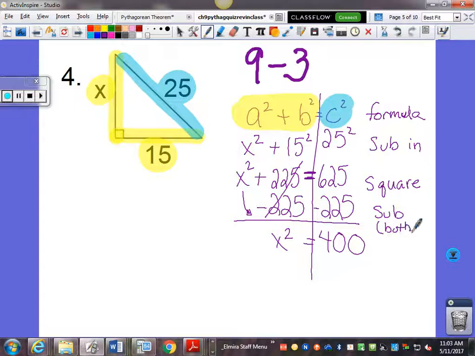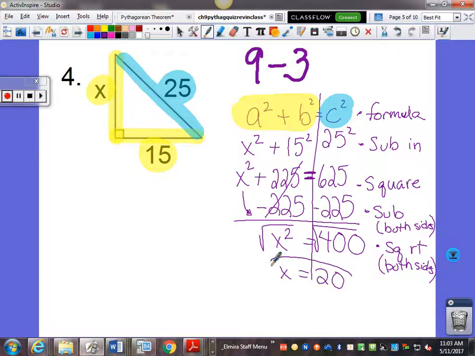And we'll put a little note here, both sides. All right, and lastly, square root. Again, both sides. I'm going to abbreviate that SQRT. Both sides to get x equaling 20.